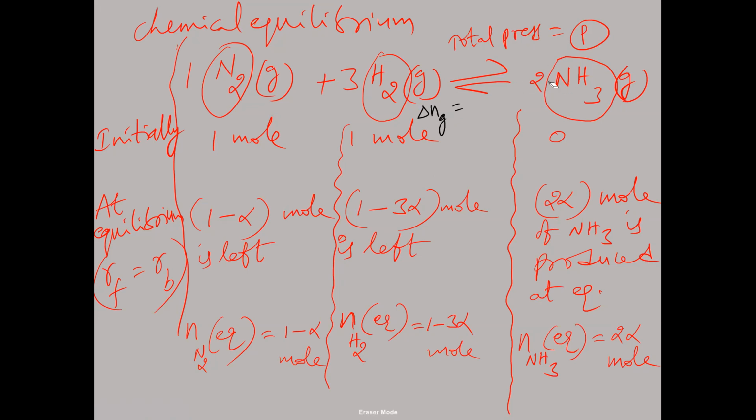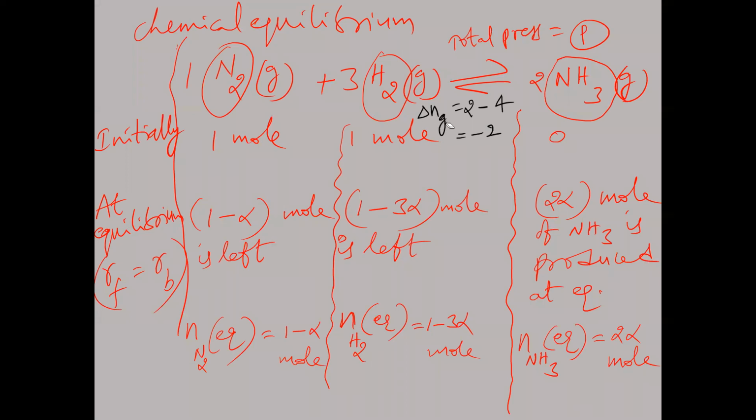How many gaseous moles of products? 2. Minus how many gaseous moles of reactants? 1 mole of gaseous nitrogen and 3 moles of gaseous hydrogen, 3 plus 1 is 4. So 2 minus 4 equals minus 2. Delta Ng is the change in the number of moles of gaseous products and reactants.